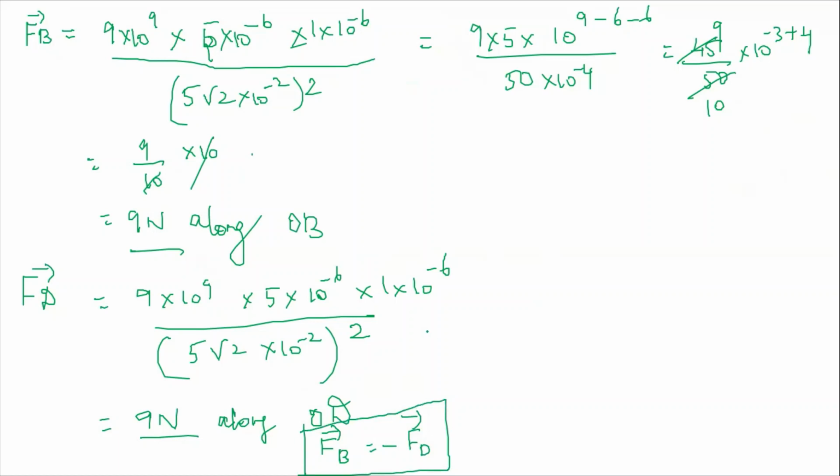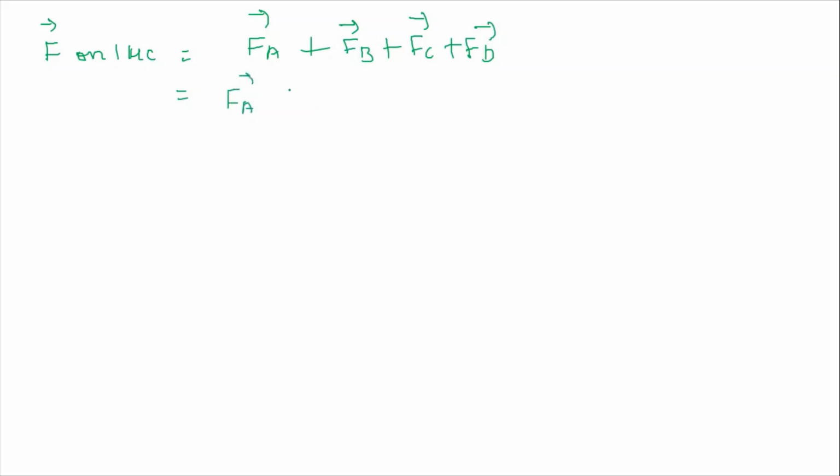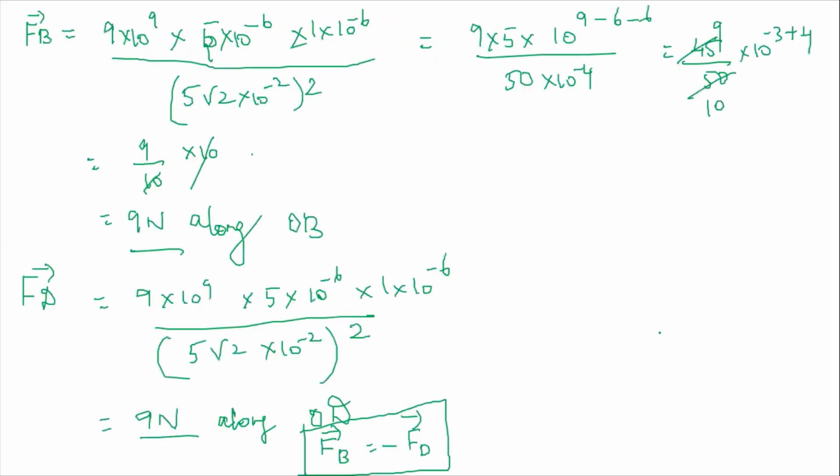Okay. So now you have to calculate the net force. Net force F vector on 1 microcoulomb is equal to FA plus FB plus FC plus FD. So FA plus FB, and FC is equal to minus FA, right?